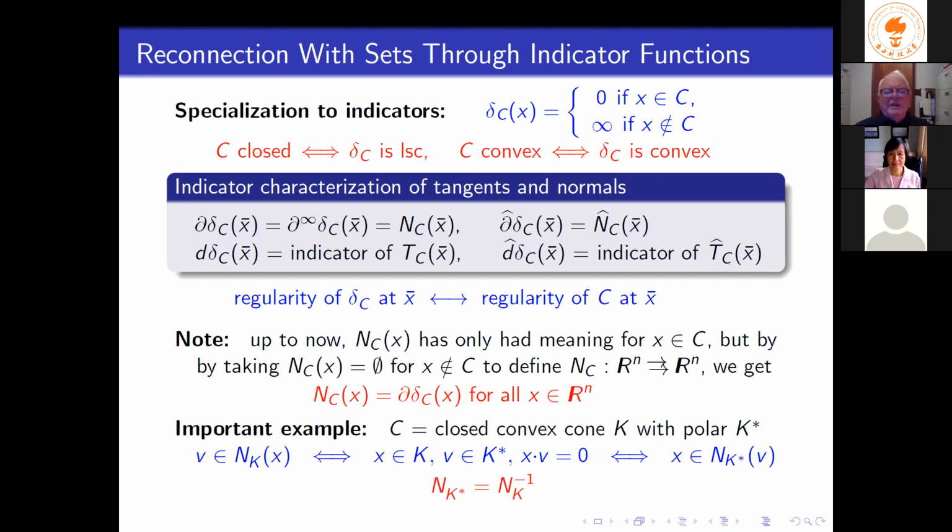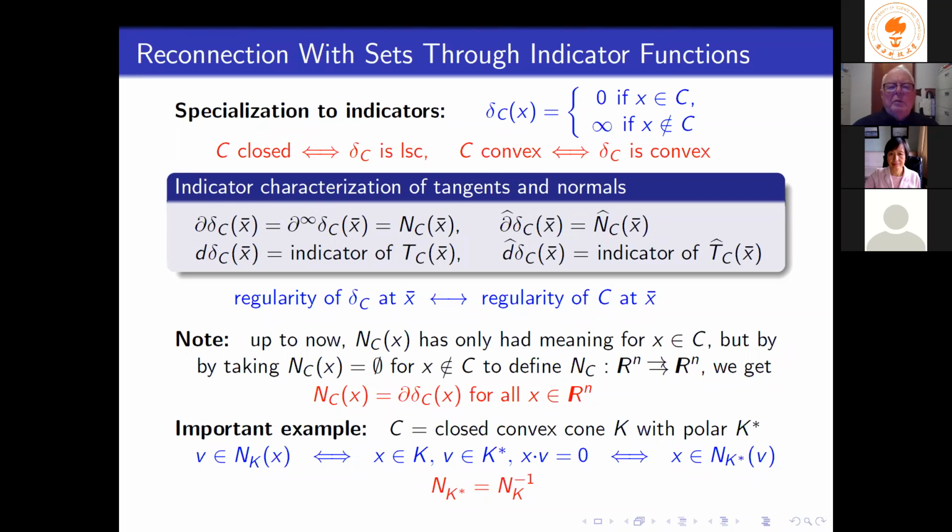For example, in integration theory, you identify a set with the function that's 1 on the set and 0 outside the set. But we identify sets with their indicators. The sets that are closed are those that have closed indicator functions. The convex ones have convex indicator functions too.